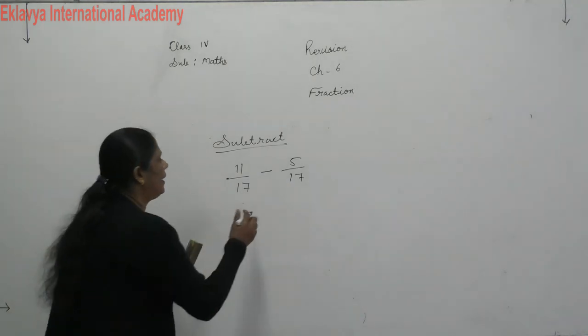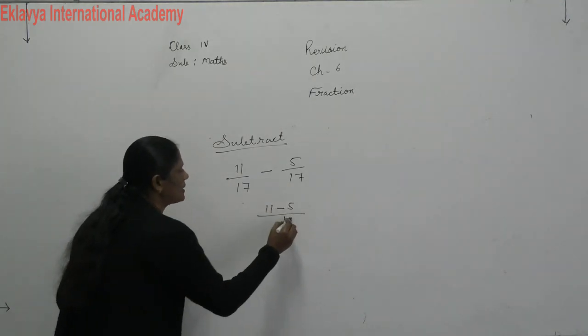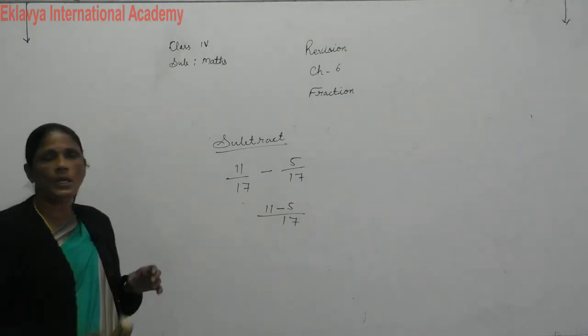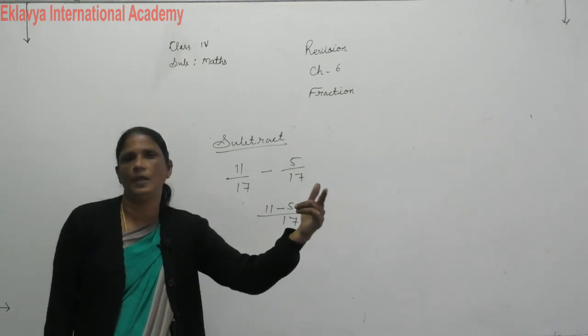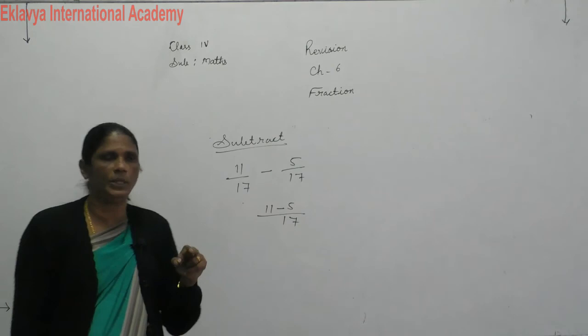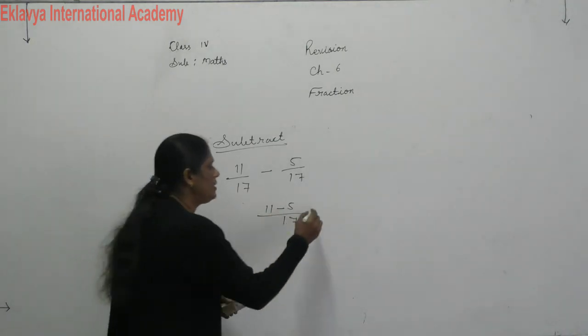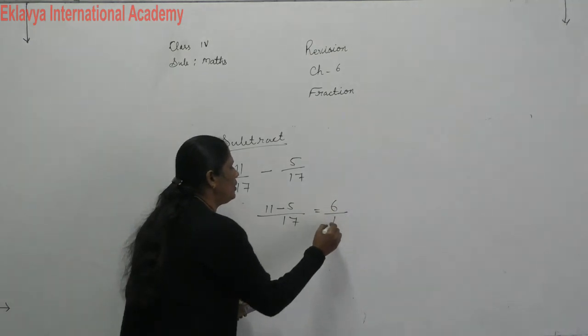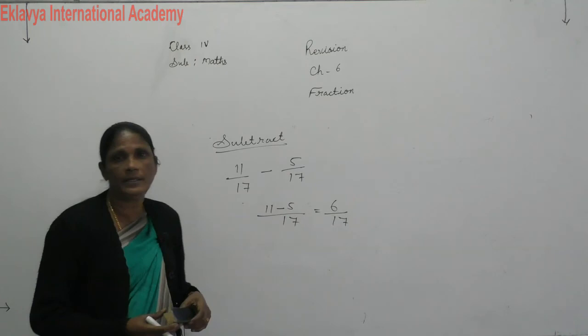First you write 11 minus 5 upon 17. Then only subtract numerator and numerator, don't subtract denominator and denominator. 11 minus 5 upon 17 is equal to 6 upon 17. Understand how to add and subtract?